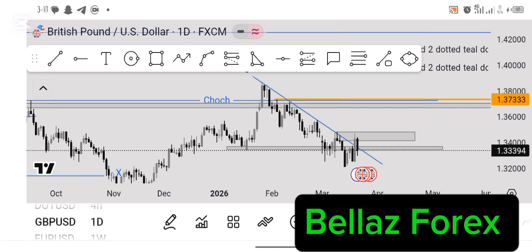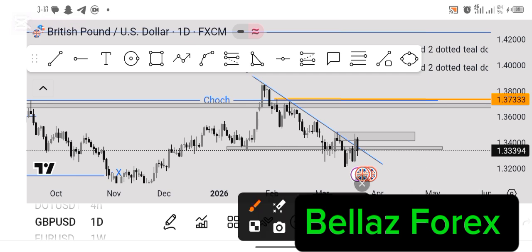This was what made me know that the sellers are really strong. Like I said earlier, this was my chalk, and once price got to this level, it gave weak rejections, went to respect the trend line, and finally gave a full bodied bearish candle, breaking the wick.